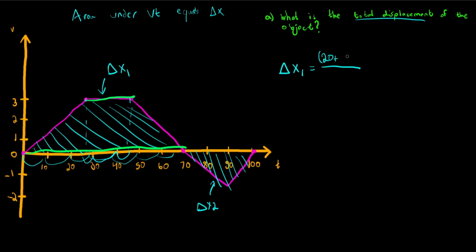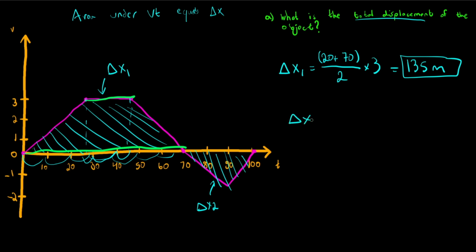We add the two bases: 20 plus 70 over 2, multiplied by the height, which is 3 meters. We just take this line over here, which is 3 meters. So times 3. On a calculator we get 135 meters. So this is delta x1.